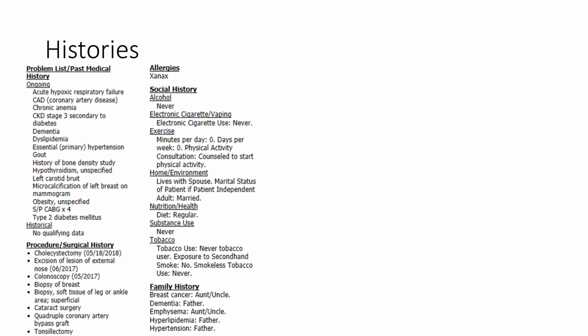All right, so now moving into the history section from the pre-populated. A lot of history on this patient. A lot of procedures. I'm glad the bone density study is still ongoing.